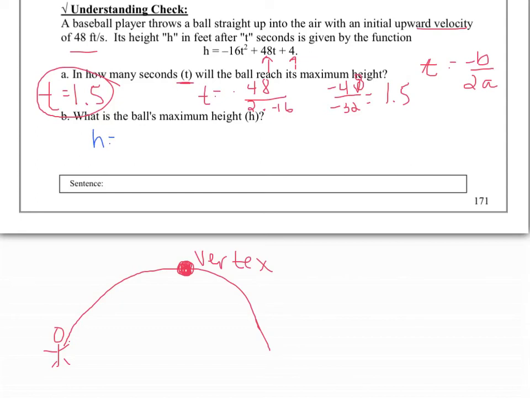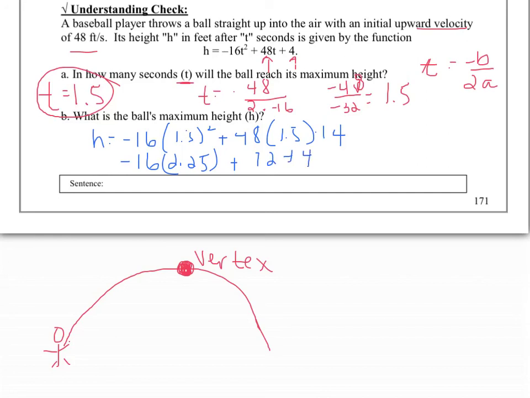h is equal to negative 16 times t, which is 1.5 squared, plus 48 times 1.5 plus 4. So 1.5 squared is 2.25 times negative 16, plus 48 times 1.5, which is 72, plus 4.